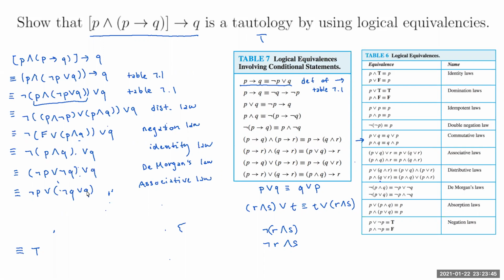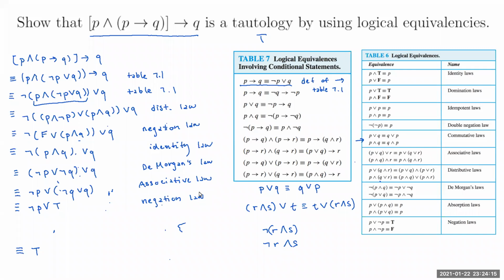Now we have not Q or Q. If we look over here at the negation law again, when we have P or not P, which is the same as not Q or Q, this matches the negation law completely, so we'd get true here. So we'd have not P or true, and that is by negation law. So finally, we have not P or true.